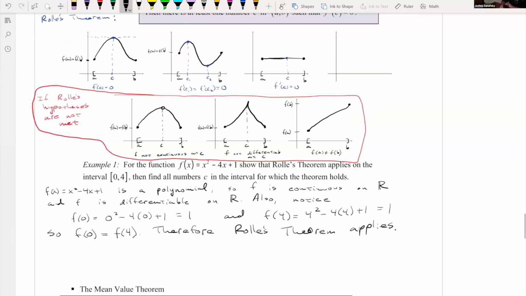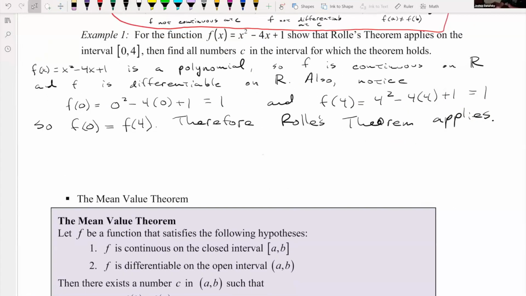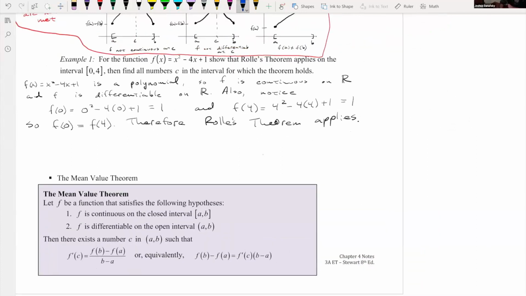Okay. So before we actually do what Rolle's theorem says, let's make sure we're good so far. The question said, for this function, show that Rolle's theorem applies on the interval 0 to 4. We've done that. Now, the next part is they want us to find all the numbers C in the interval for which the theorem holds. So I'm just going to go off to the side here, maybe switch color.